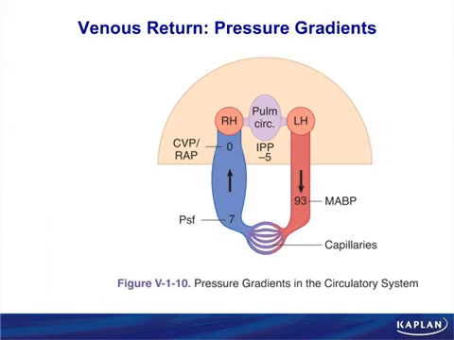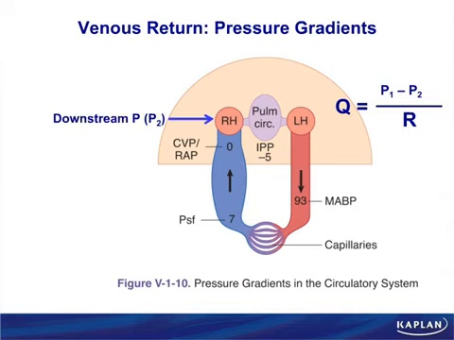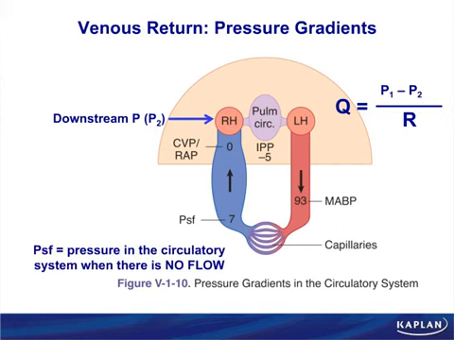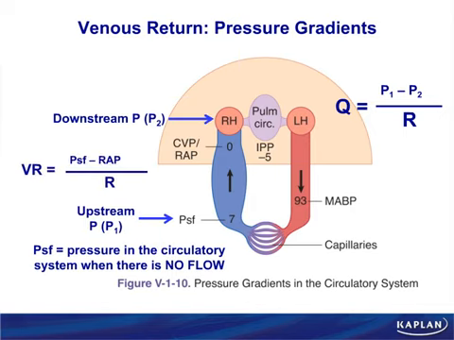Here's our picture of the circulation, and we're just going to recap what we just stated on the previous slide. So venous return is the arrow to the left on the venous side. All right, that's venous return. That's the flow of blood coming back to the heart. It must follow the physics. Flow is change in pressure over resistance.